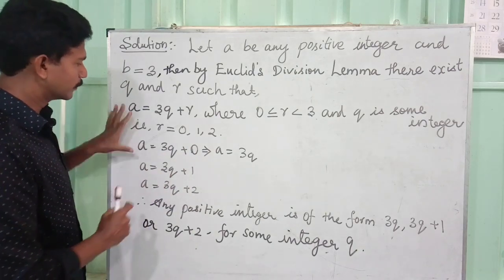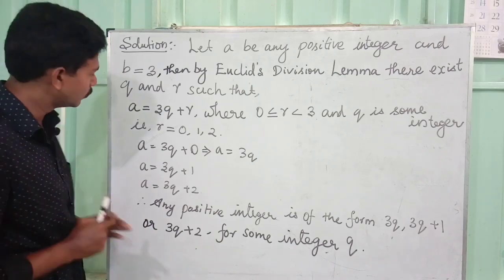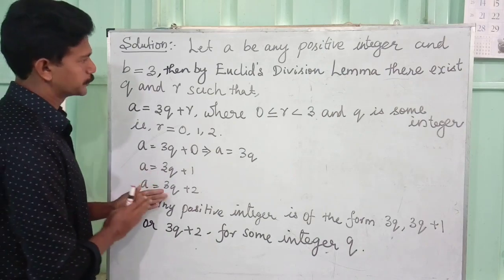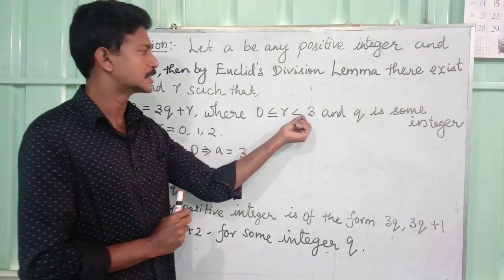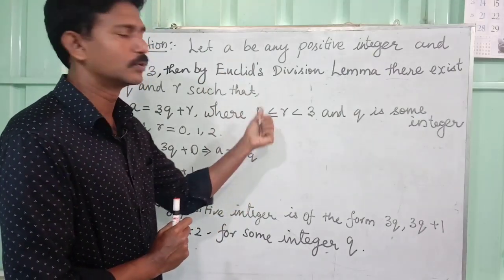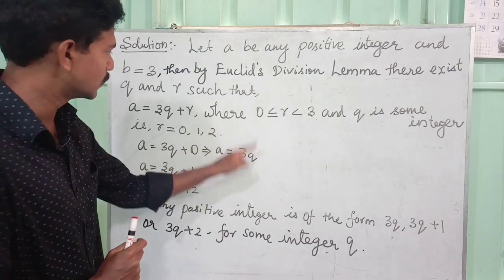So from this we can understand that any positive integer can have only these three forms: a is equal to 3q, 3q plus 1, 3q plus 2. Since r is less than 3, it can have only three values, 0, 1, 2, and using that we can write only three forms.